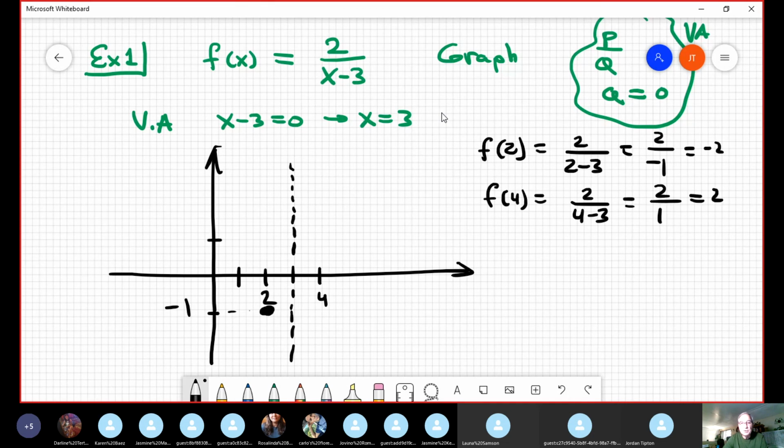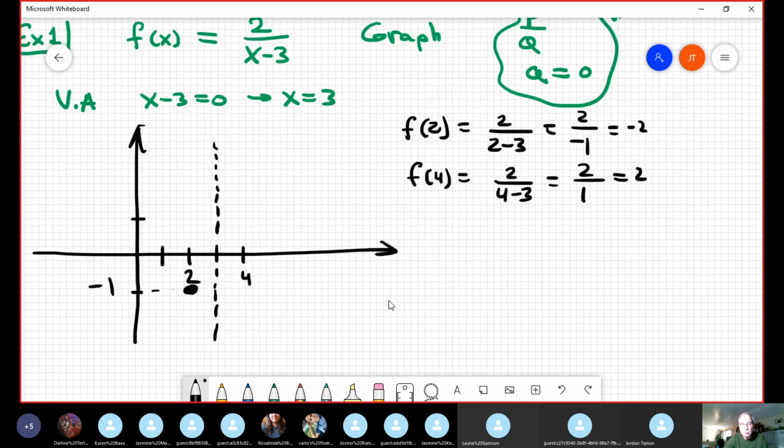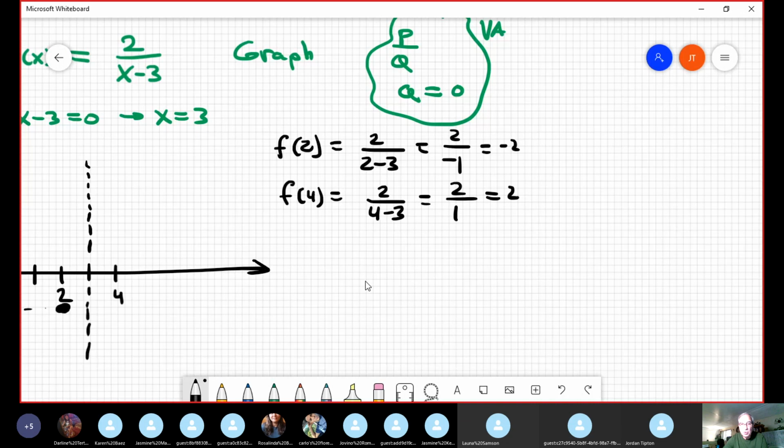So this point is 4, positive 2, where this is the x value and this is the y value.